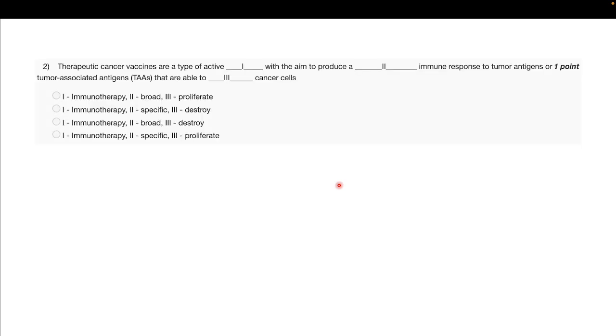Next is, therapeutic cancer vaccines are a type of active what, with the aim to produce a blank immune response to tumor antigens or tumor associated antigens that are able to blank cancer cells. So you just have to fill in the blanks, with 4 options, and let me know if anybody knows the answer.